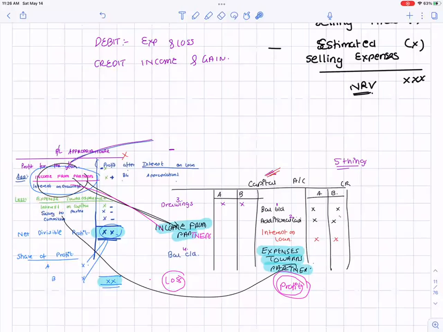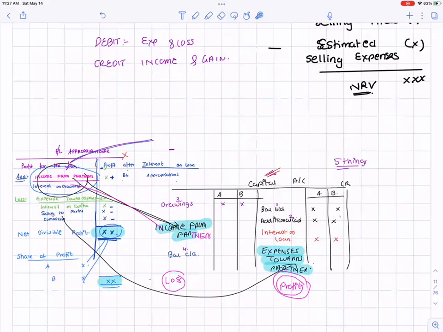Two effects for commission to partners: capital account credited and appropriation account debited. Two effects for interest on drawings: capital account debited, appropriation account credited.